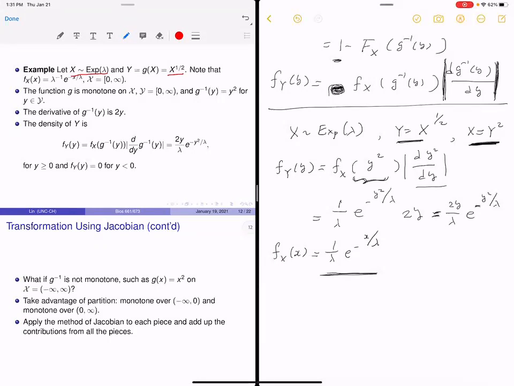Of course, right here, maybe in 661, maybe in 660, you will learn that exponential has a positive domain, and y, taking the square root of x, is also positive. And then possibly the professor told you to keep the habit of writing that outside the domain, PDF is 0.